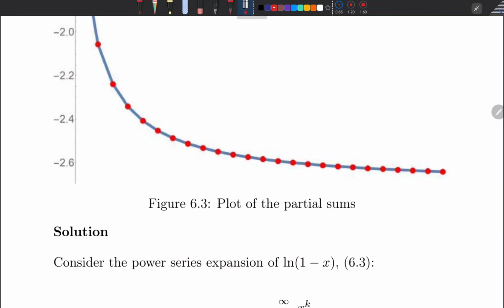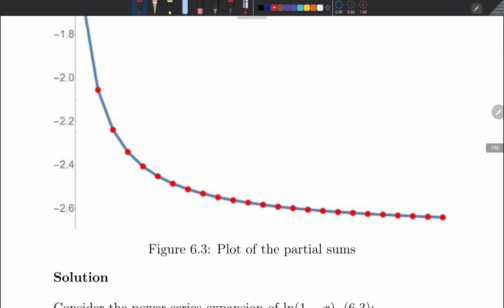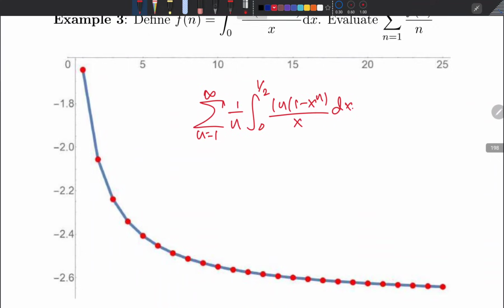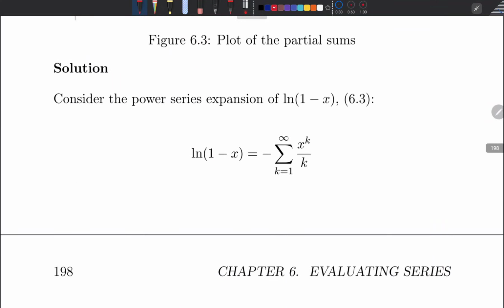So basically we have to evaluate this sum: 1 over n times the integral from 0 to 1 of natural logarithm of 1 minus x to the n over x dx.